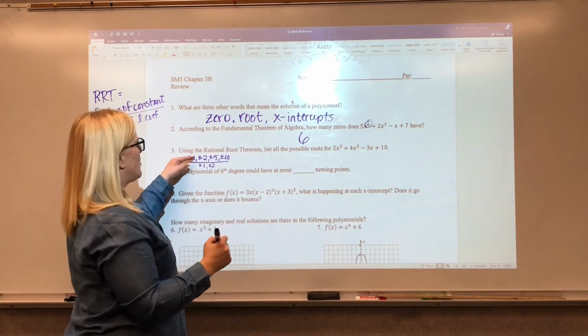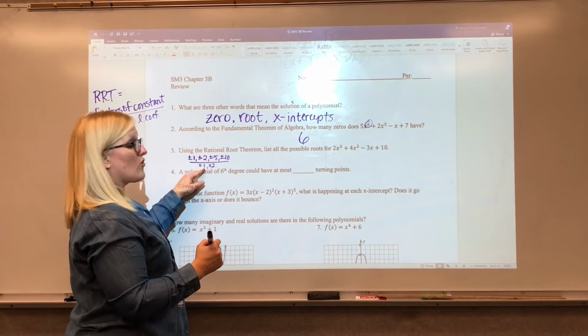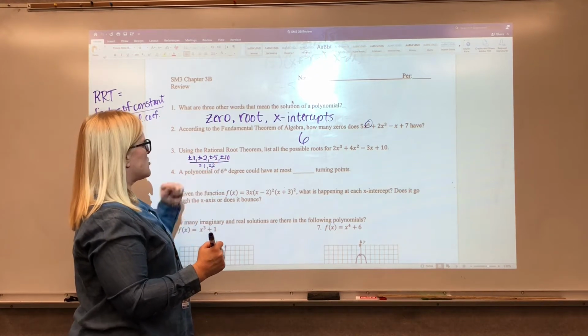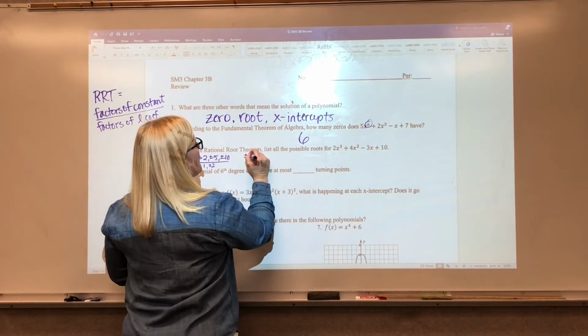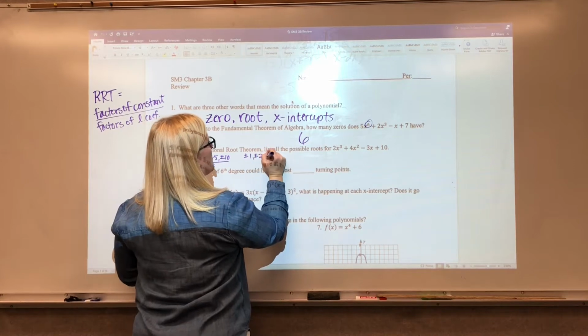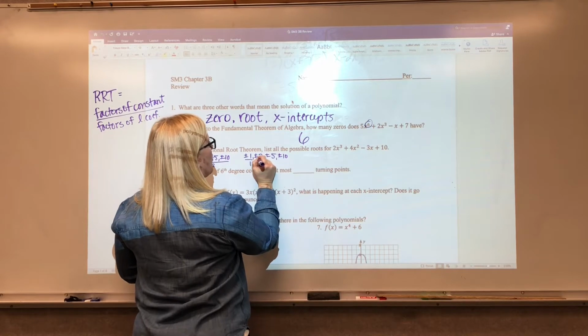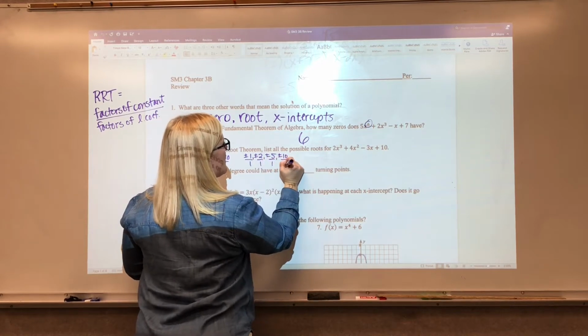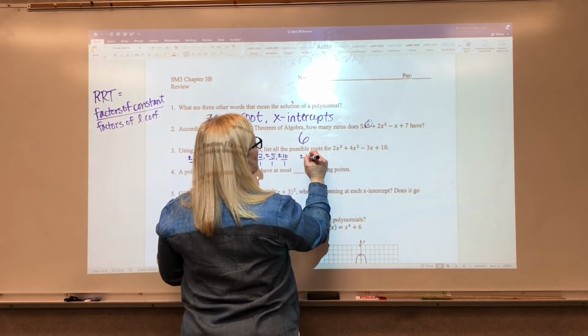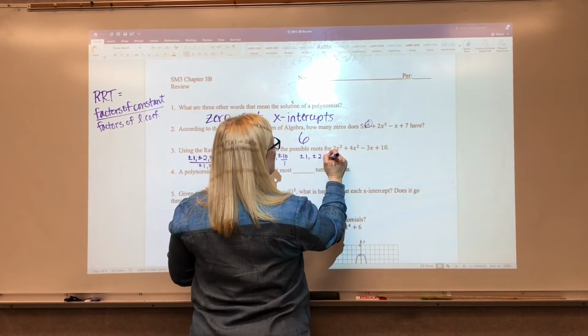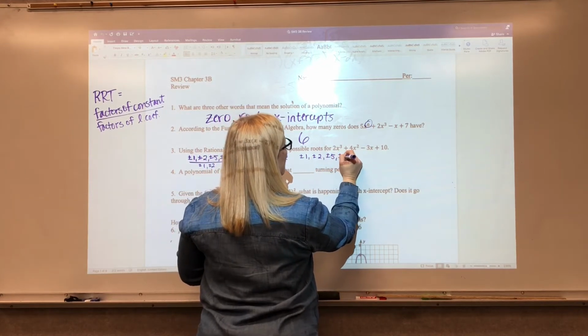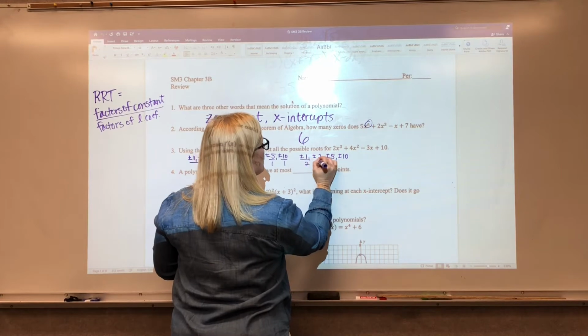So now I need to put all of the ones on top over 1 and all of these over 2. So I've got plus or minus 1, plus or minus 2, plus or minus 5, plus or minus 10, all over 1. And then I have plus or minus 1, plus or minus 2, plus or minus 5, and plus or minus 10, all over 2.